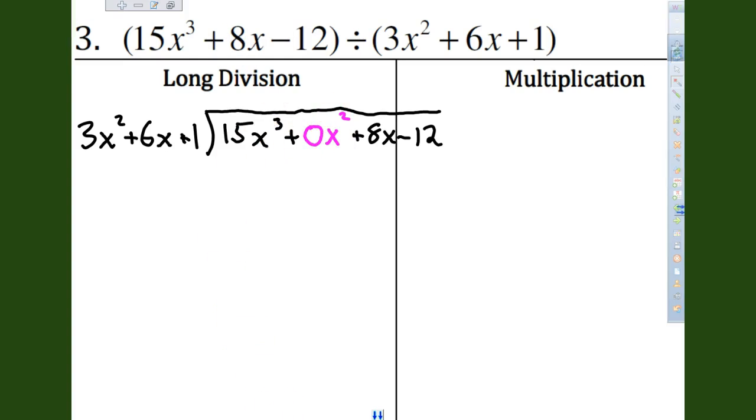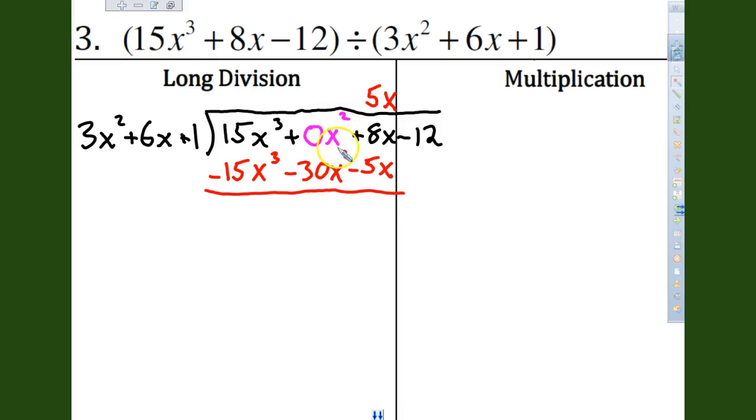So I can use the same value as I did before, which was 5x. Repeat the process. Get negative 15x cubed minus 30x squared, and then minus 5x. And now you can see how they are all lined up perfectly. X squareds are underneath x squareds, x is underneath x, so everything works just fine.